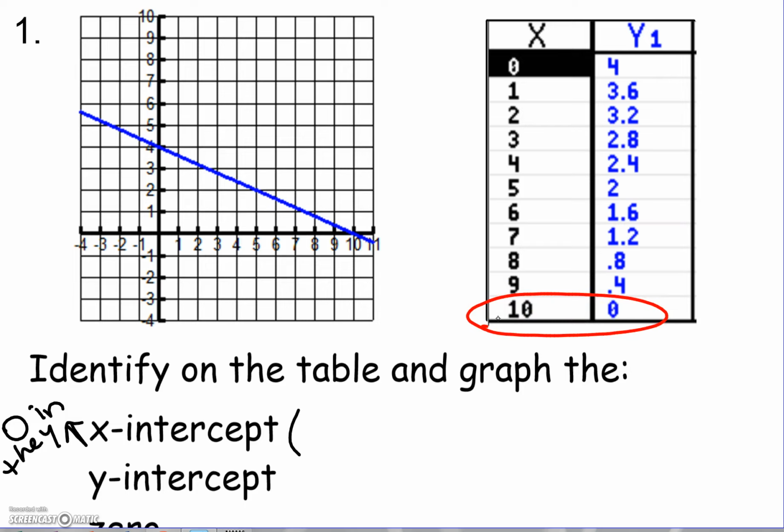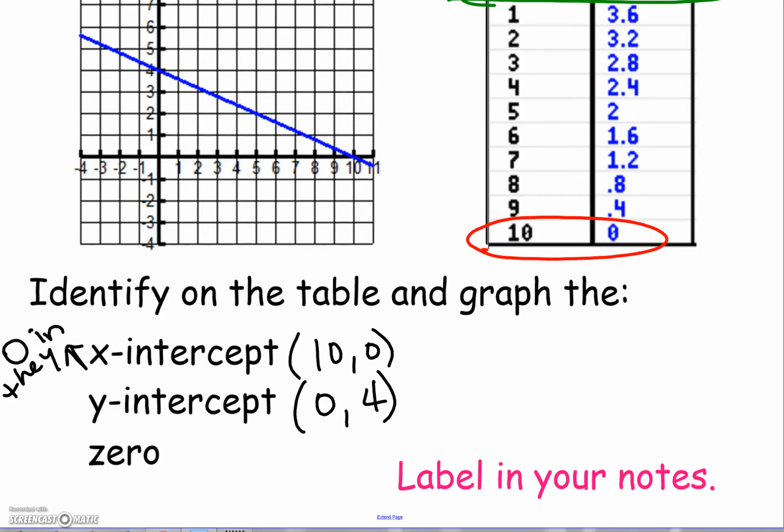So our x-intercept is 10, 0. And then our y-intercept is where x is 0 and there's a y. So our y-intercept is 0, 4. And it wants to know the 0, which is going to be exactly what you got for x-intercept, 10, 0.